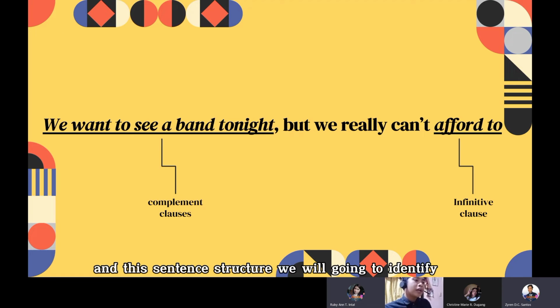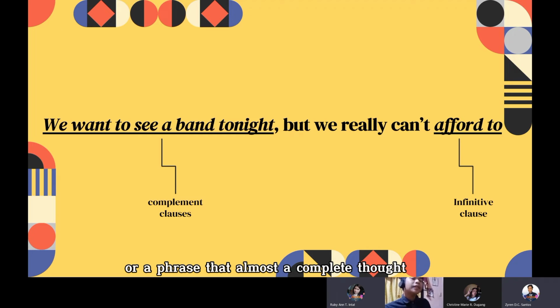And this sentence structure, we want to see the band tonight, with a comma, we will identify as our complement clause. This is a clause or a phrase that is almost a complete thought, because it almost completes the idea of a sentence. But then again, we have to use the complemented verb in order to create the complete thought, which is afford to.